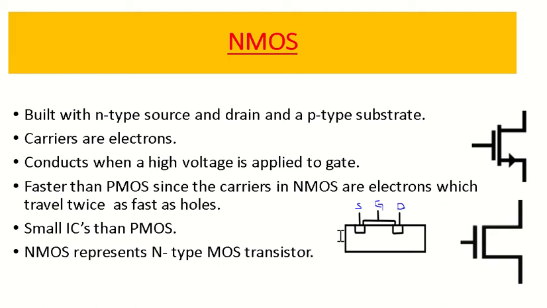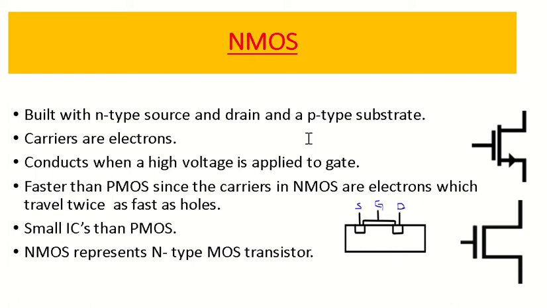In NMOS, source and drain are N-type only, and they are made over a P-type substrate. Below is the P-type substrate, and source and drain are made of N-type material. The gate is insulated anyhow, so there is no question of N or P type there.